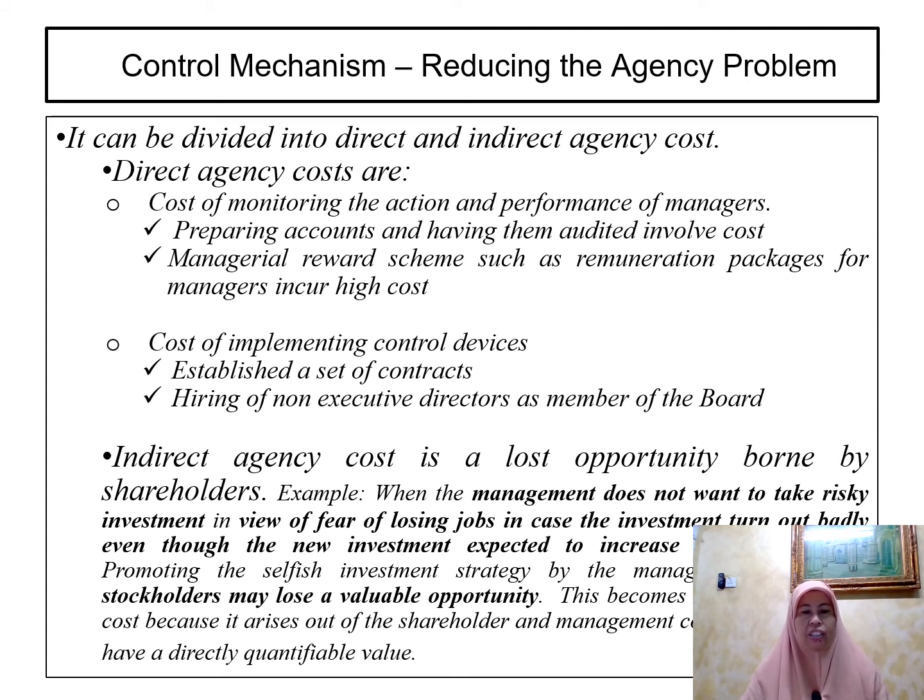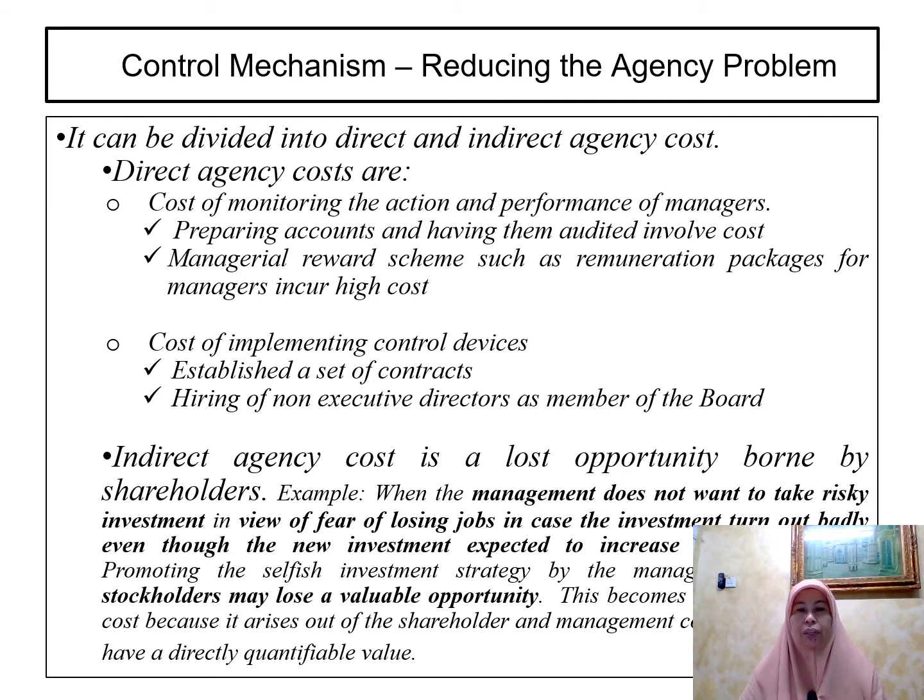Okay, the indirect agency cost is a non-monetary cost, which is the loss of opportunity. But in the end, this indirect agency cost also relates to monetary cost. For example, loss of opportunity borne by shareholders. Let's say there's a project that the company can bid for in a tender, but the project could be risky.